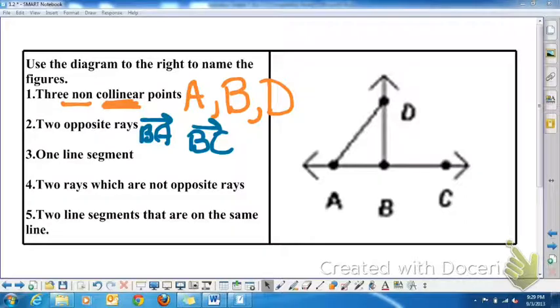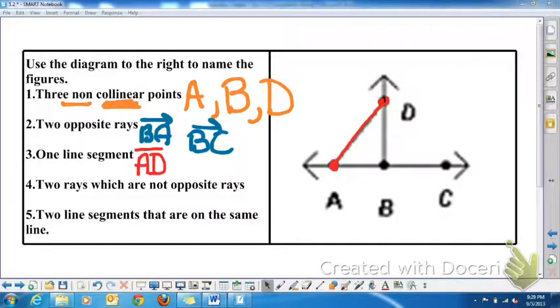Now let's name one line segment. A line segment has 2 end points and it's a piece of a line. We have several line segments here. For example, segment AD. And I would name it this way, segment AD.